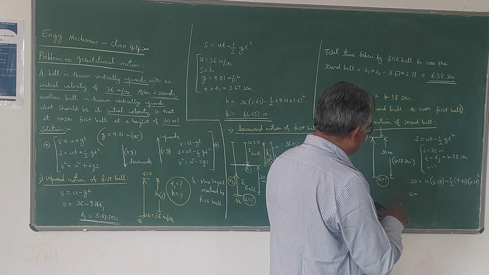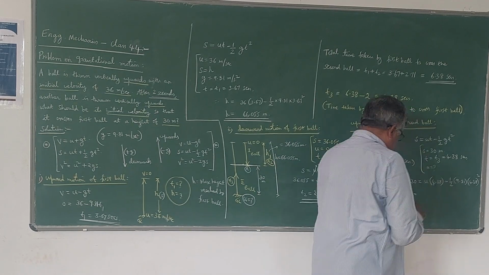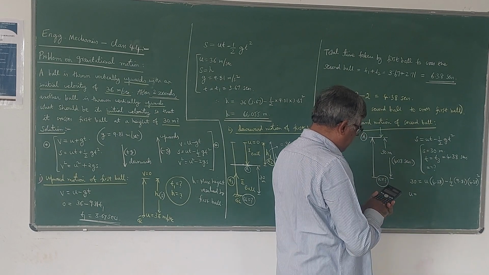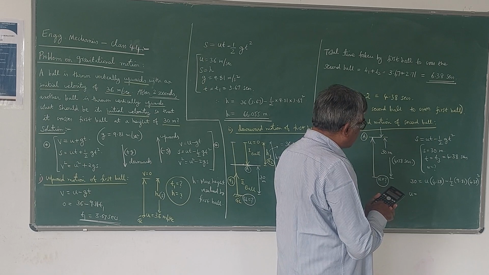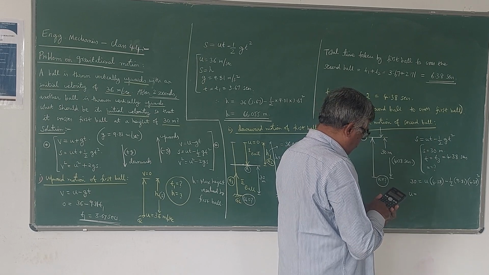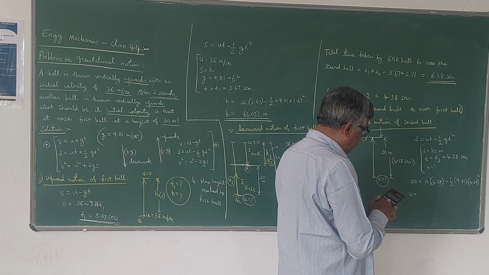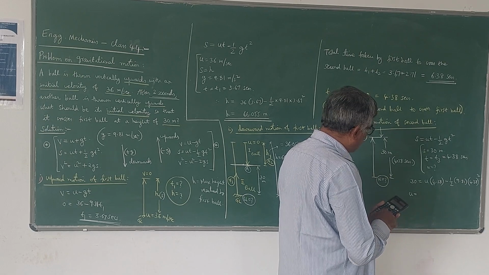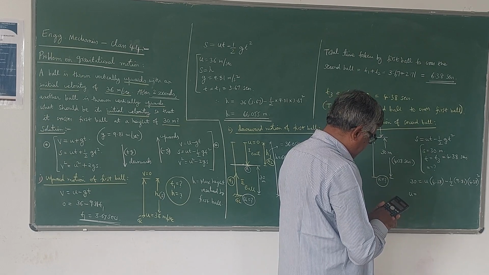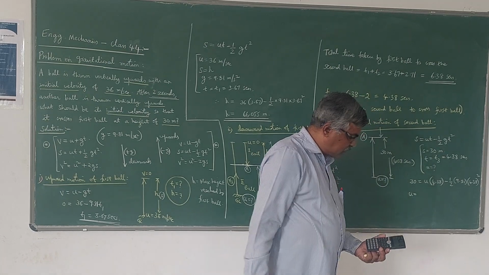If I bring it to this side, 30 plus 0.5 into 9.81 into 4.38 square, divided by 4.38. So that is the answer.